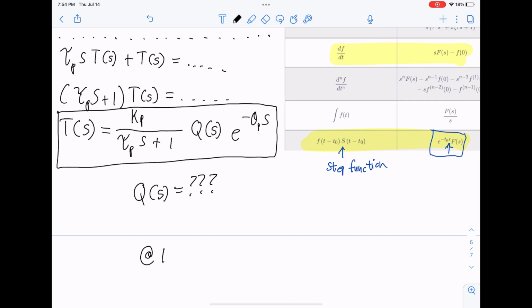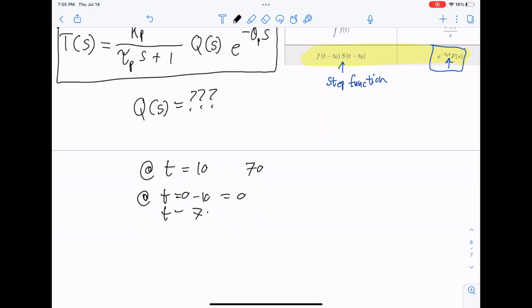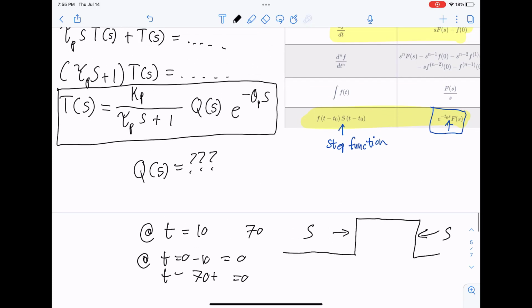Well, at time equals 10, Q is going to go to 70, and at time 0 to 10, it's equal to 0, as well as time 70 plus is equal to 0. So we really have two step functions. If we think about it, we have a step up and a step down. Well, where have we used steps?